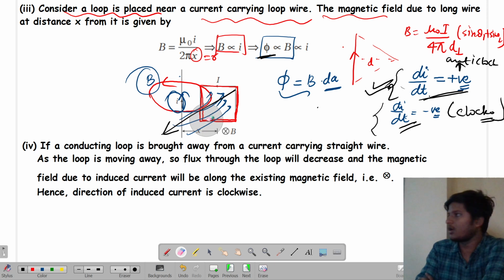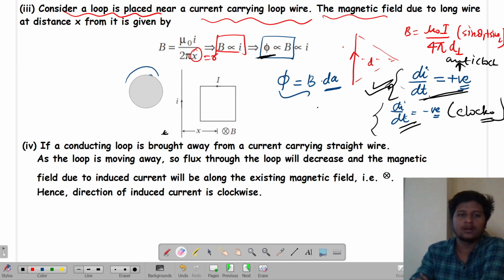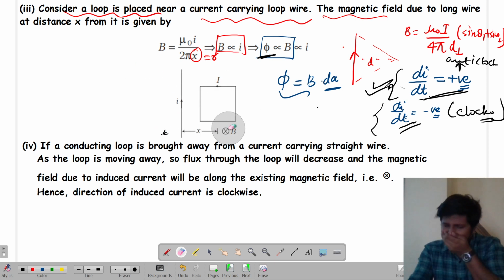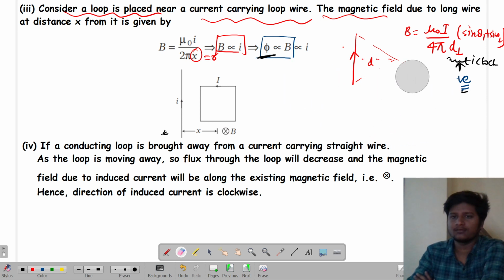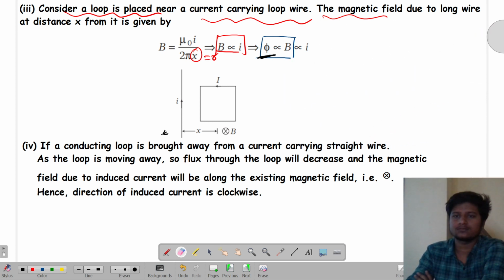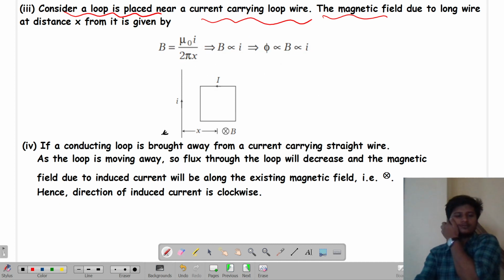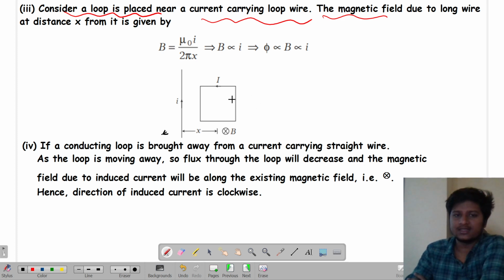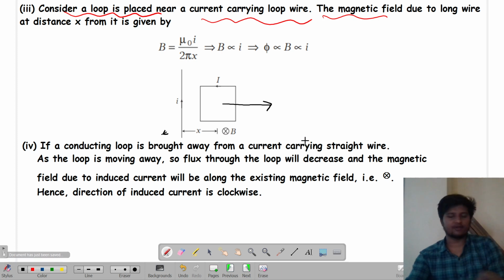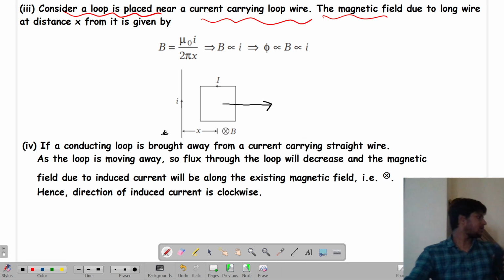Should I erase this thing or not? Okay. Sorry, guys. Now look over here. What are we doing? This conducting loop is now getting away from the particular magnetic field, right or not?